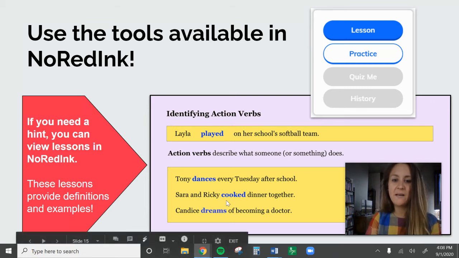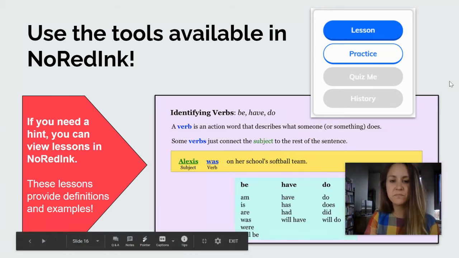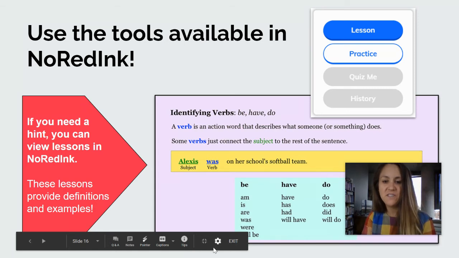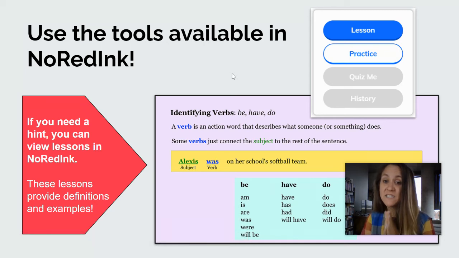So this is one that's about action verbs, and this is one that mentions the be verbs. Okay. The other thing to remember is that if you get stuck, don't just keep clicking forever, right? Don't do like 30 of them and feel really frustrated. You should reach out to your teacher before then because we're happy to help you out during office hours, okay?